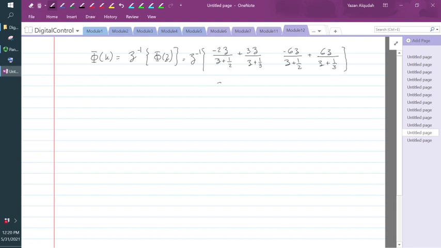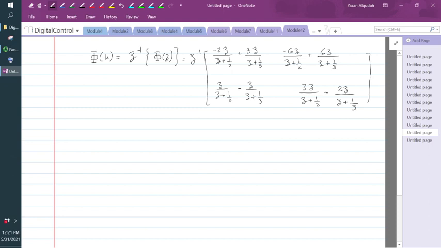I'm going to get here z divided by (z plus 1/2) minus z divided by (z plus 1/3). I'm going to get 3z divided by (z plus 1/2) minus 2z divided by (z plus 1/3). Let me expand this bracket. So what I need to do is calculate the inverse of this matrix.